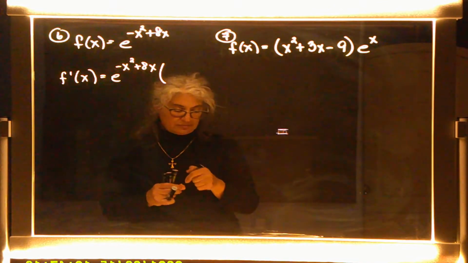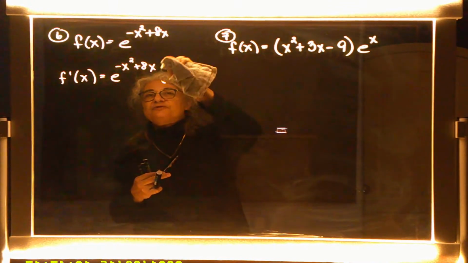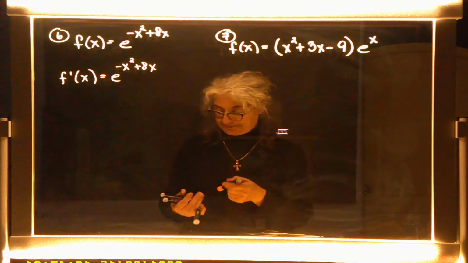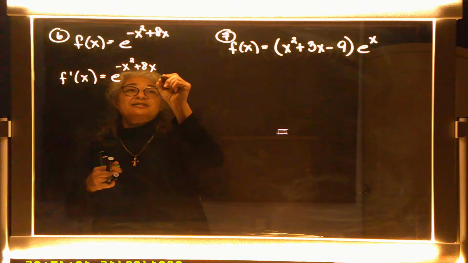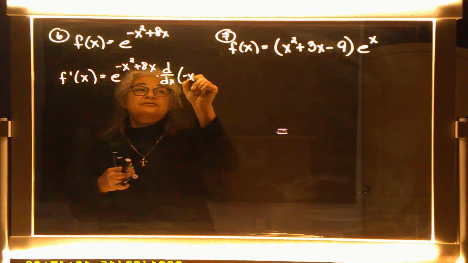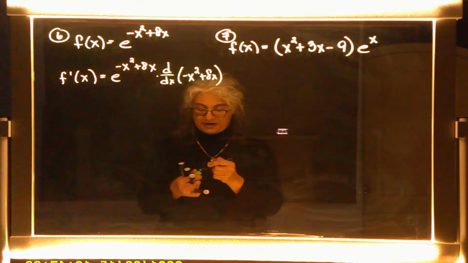So, and as a matter of fact, let me kind of do this just for some of you who are visual. Okay, so you are going to multiply this by the derivative of the power. Just a little reinforcement. All right.